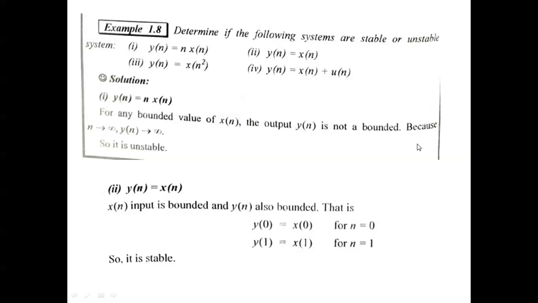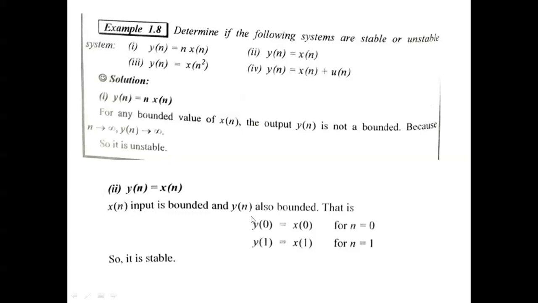When it is not bounded for any bounded input, because n is equal to infinity, y of n is equal to infinity, so it is unstable. So if x of n, the input, and y of n, the output, have infinite values, that is unbounded, so that is unstable. If they have some finite value, that is stable.